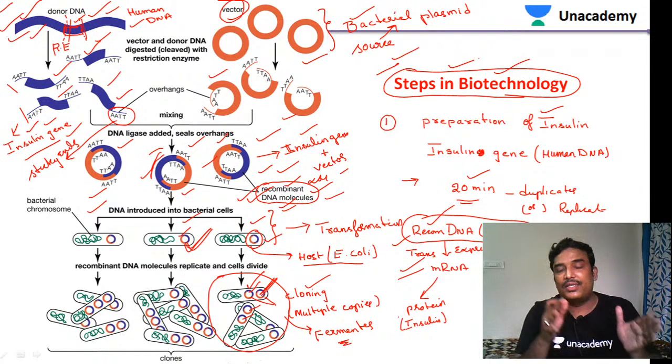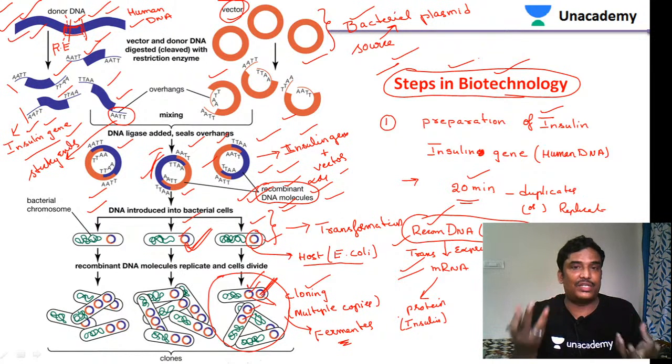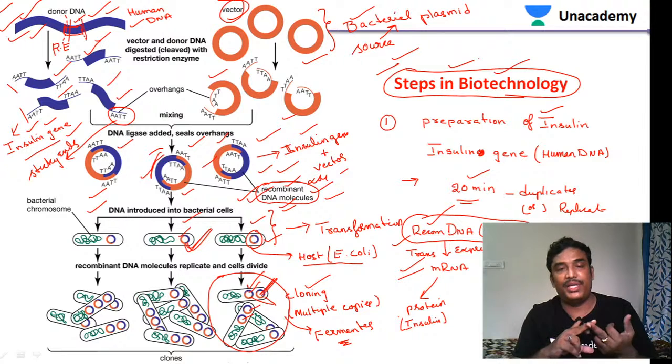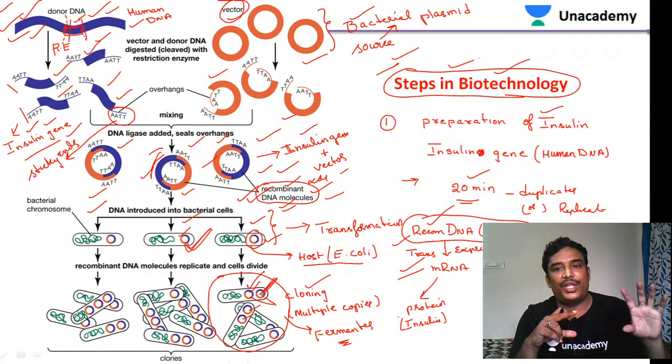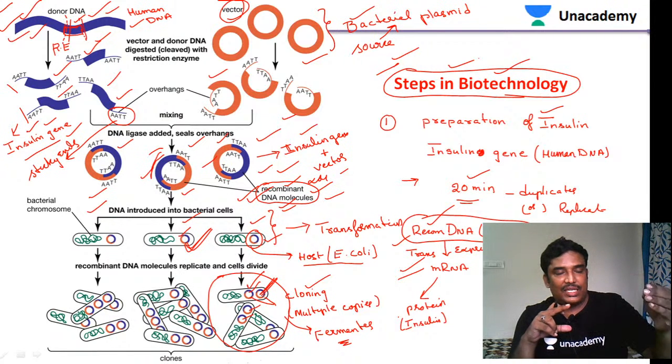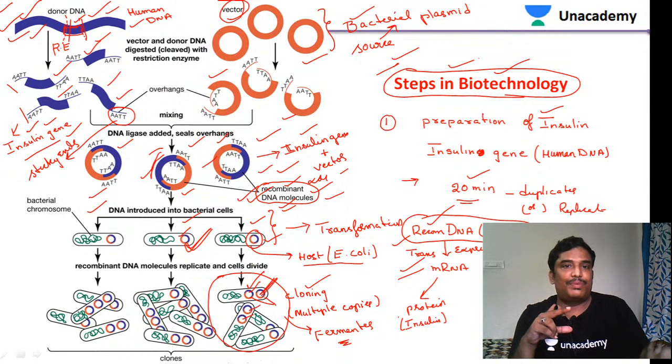Such a process is called expression. Whenever the term expression is used, we have to identify it as transcription taking place and producing mRNA, and the mRNA producing protein through a process called translation. Transcription and translation together are called expression.